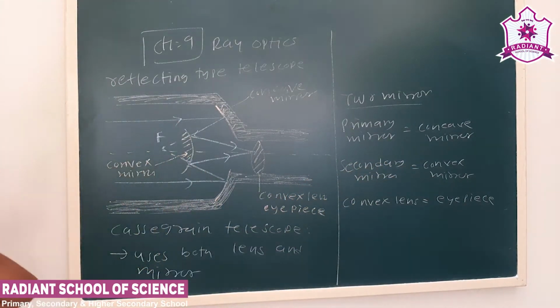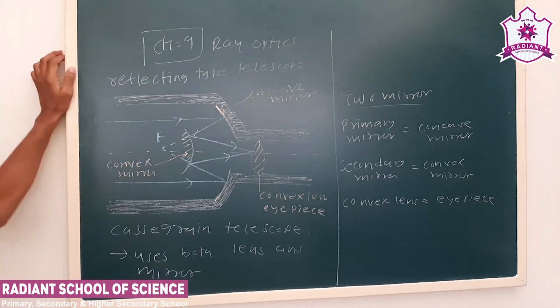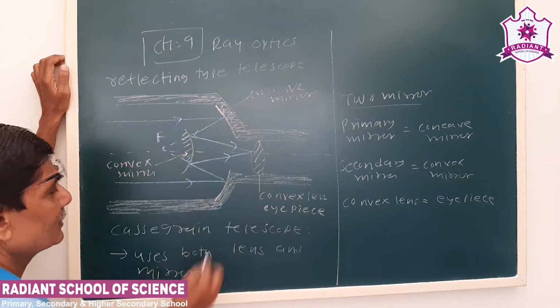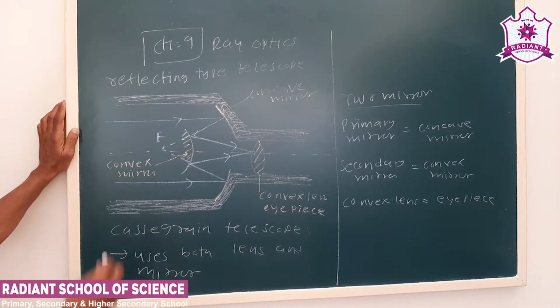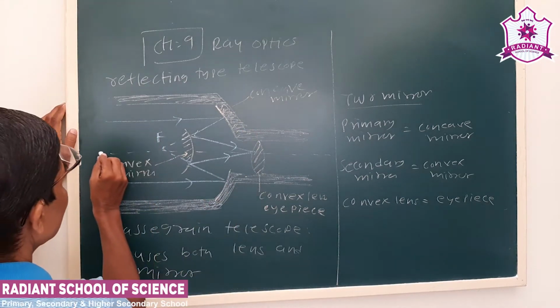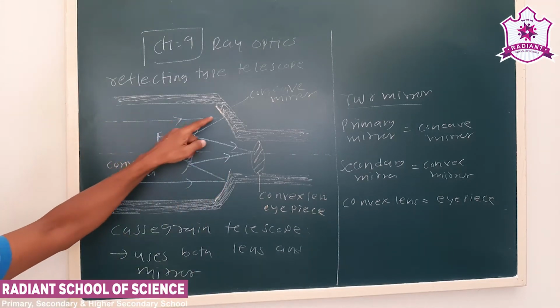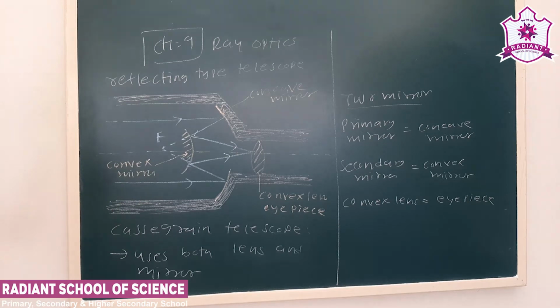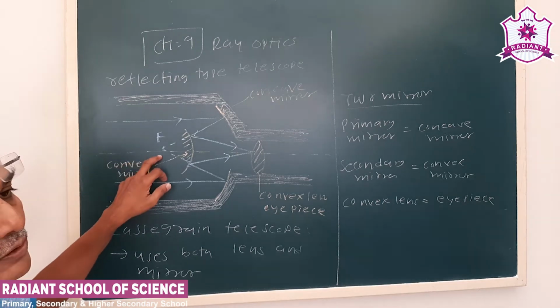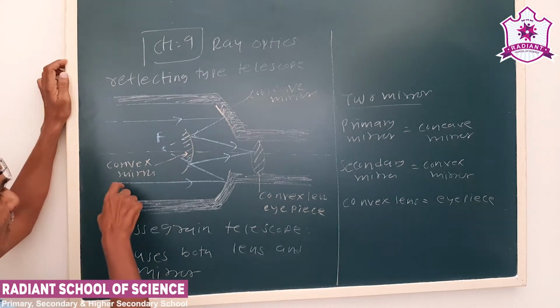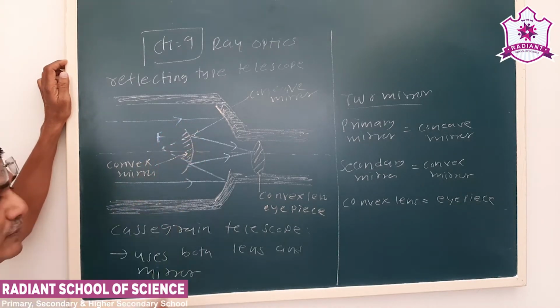Now see, this is a diagram. This is a primary mirror, a concave mirror, you can see. Now we know the paraxial rays. This is the principal axis. The paraxial rays, when incident on a concave mirror, are to be focused at F. But before they meet at F, we have positioned a convex mirror.